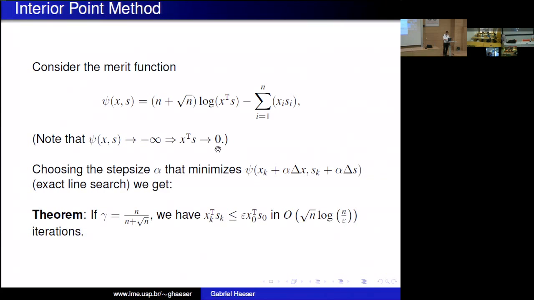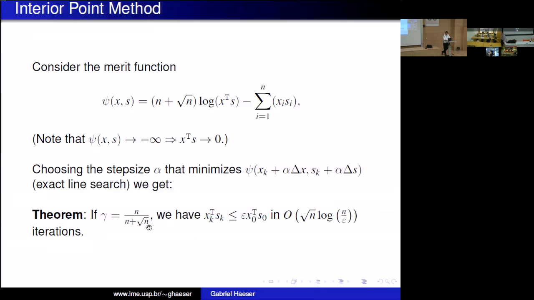So if you use this kind of step size, you can prove that you improve this function at each iteration. So you sufficiently improve it at each iteration such that you are in fact going to minus infinity, and so the complementarity will hold in the limit. And if you take the parameter gamma in this way, this tells you how you should reduce mu.